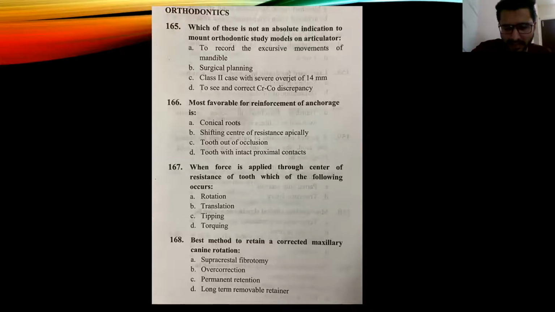Yeah, it is circumferential supracrestal fibrotomy or pericision that has to be done in cases of rotated teeth in general. That is what you do to retain the correction, because the alveolar crestal fibers and all of that take a lot of time for reorganization. So let's not waste time on simple bits.